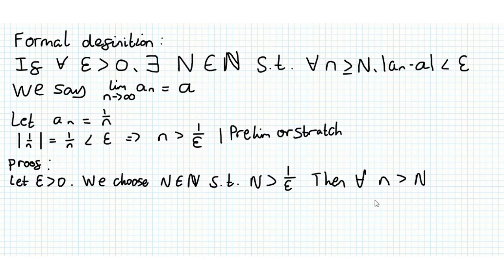We have 1 over n minus 0, that's equal to 1 over n.